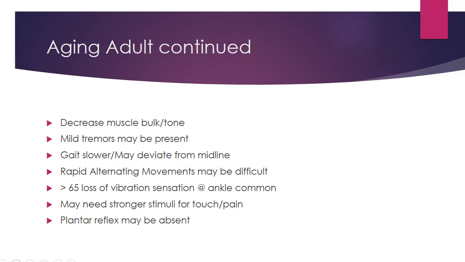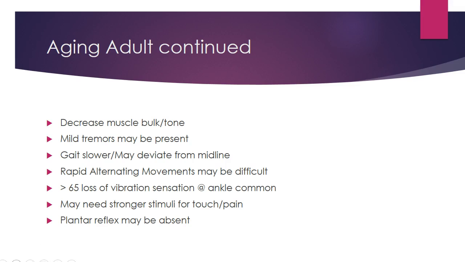The older adult also tends to lose muscle mass, they may start to develop mild tremors, and their gait is a little bit slower and needs to be more deliberate so they don't fall. Their gait can deviate.